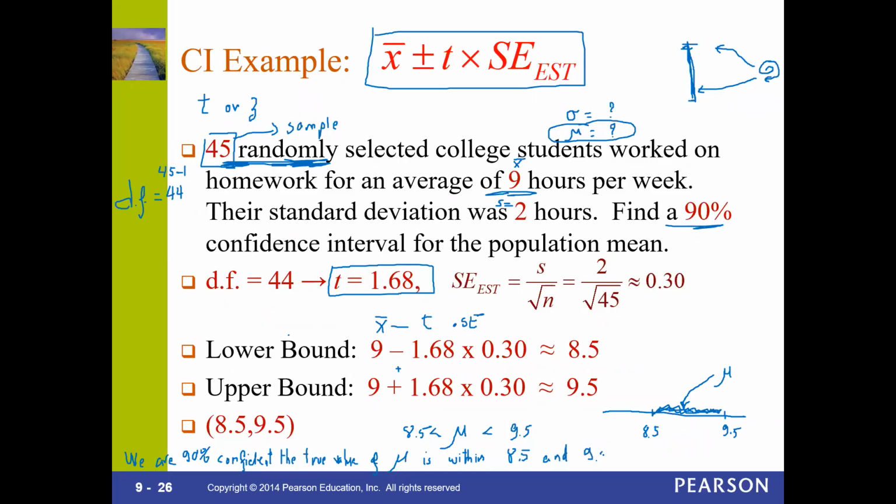If you do a study and find out the mean is beyond 9.5, it means that I underestimated. If you find that the mean is below 8.5, that means I overestimated. But overall, I estimated right. My estimation is between 8.5 and 9.5.